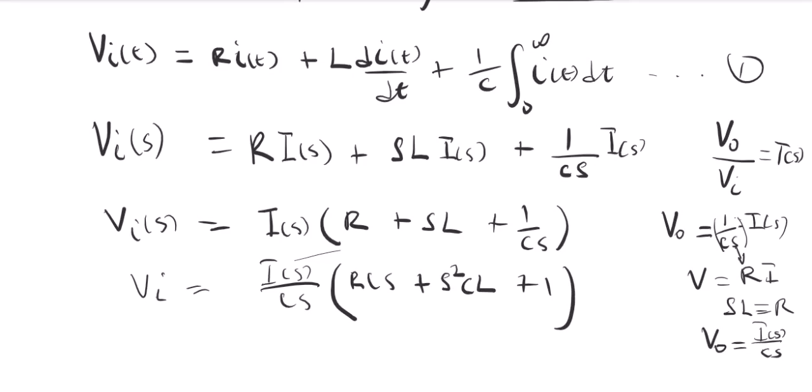So I've removed this 1 over CS from the bracket and it's out here. Remember quickly that this is equal to my output voltage, so it changes to the output voltage. So I have VI equal to the output voltage into this RCS plus CL S squared, that's the correct way, plus 1.